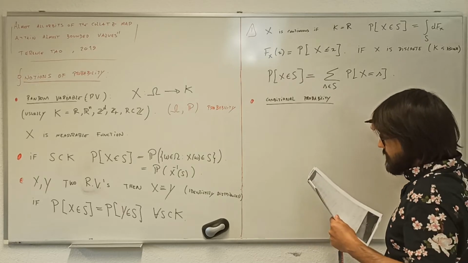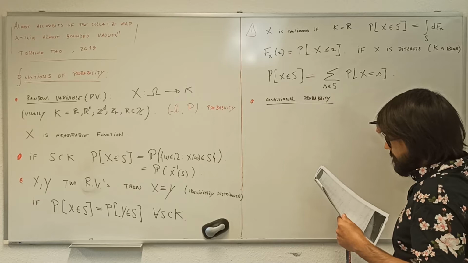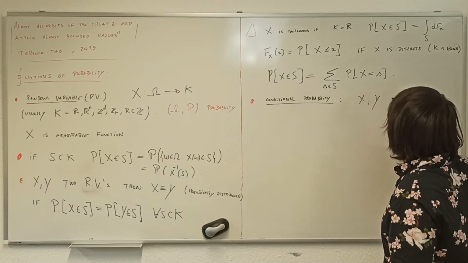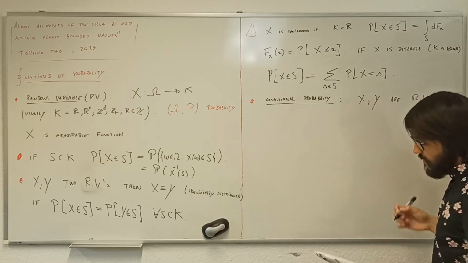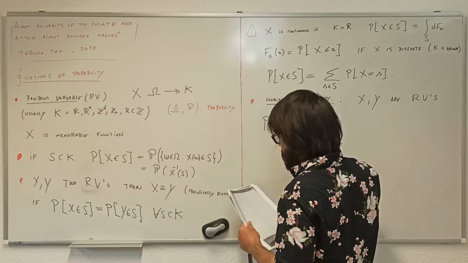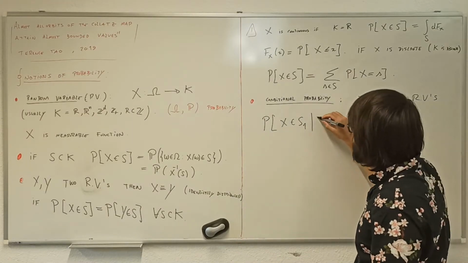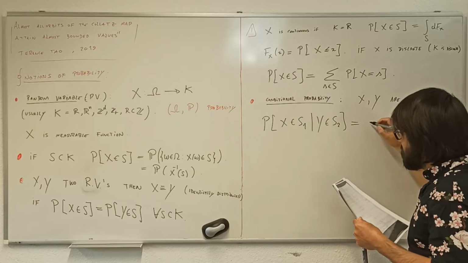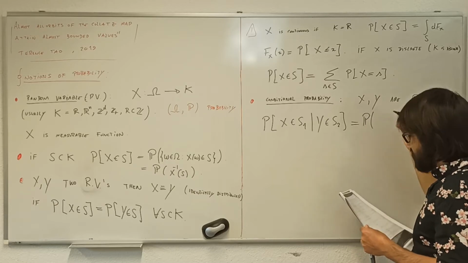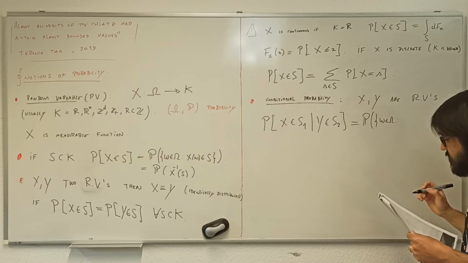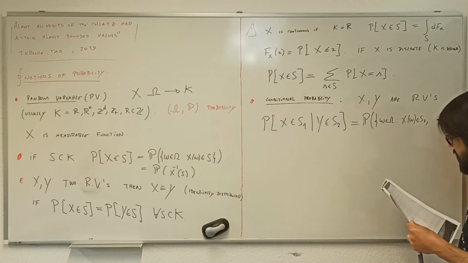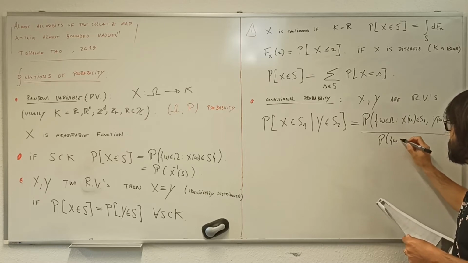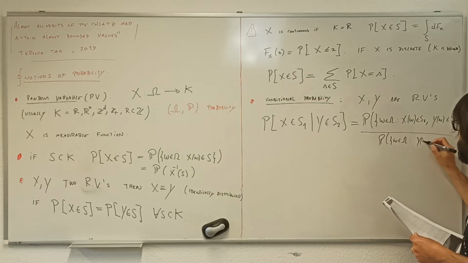Well, if X and Y are random variables, then the probability of X belonging to, let's say, S1, conditioned to the fact that Y belongs to S2, is defined, let me define it in a very rigorous sense, as the probability of the omega such that X is in S1 and Y is in S2, divided by the probability of the omega such that Y of omega belongs to S2.